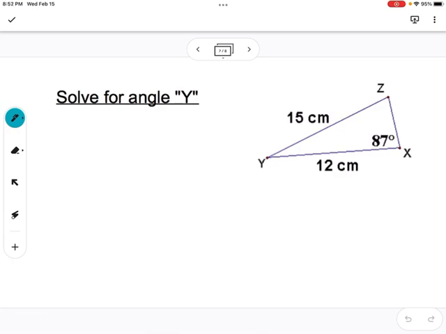Right, this one we want to solve for angle Y. We want this piece here. Here we have a pair here, and we do not have any other pairs.